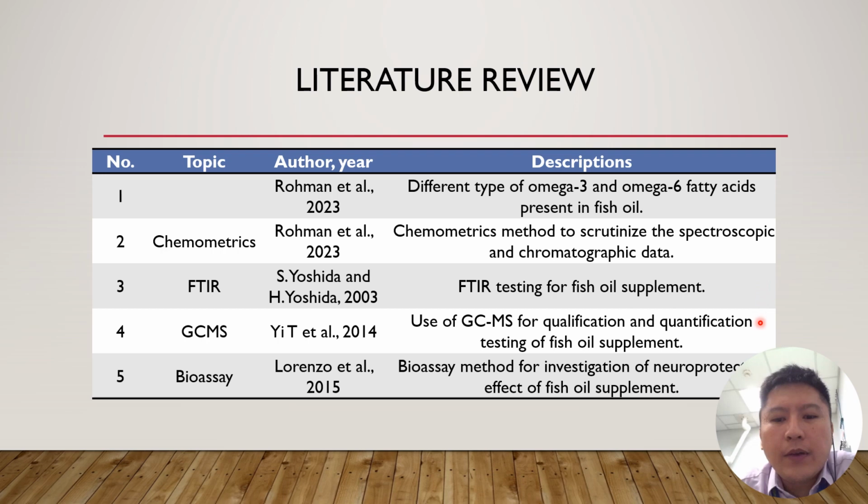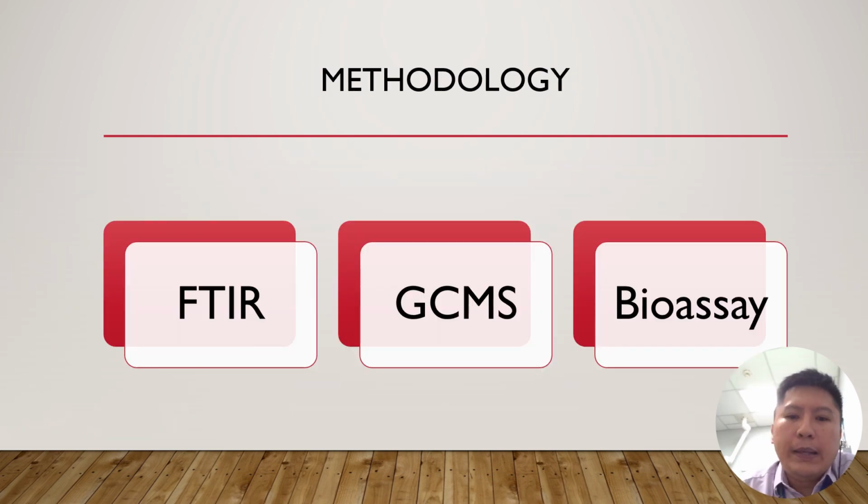And then in the fourth paper, it discussed the use of GCMS for the qualification and quantification testing of fish oil supplements. And the last paper has discussed the bioassay method for investigation of the neuroprotective effect of fish oil supplements. So based on these literature reviews, three methods were found suitable for this research project, which include FTIR, GCMS, and also the bioassay.